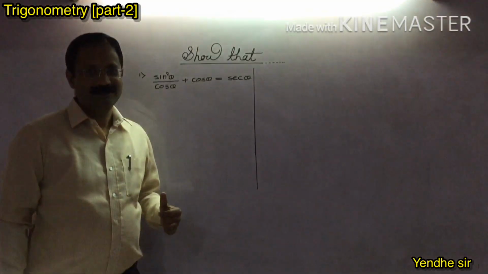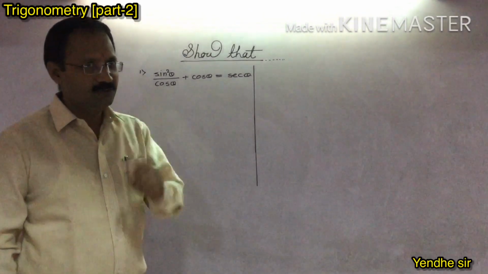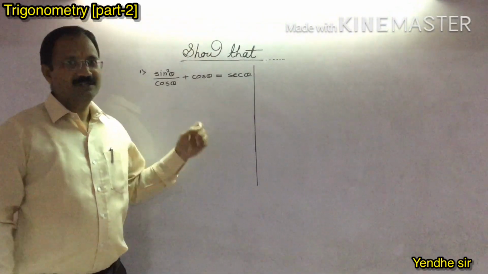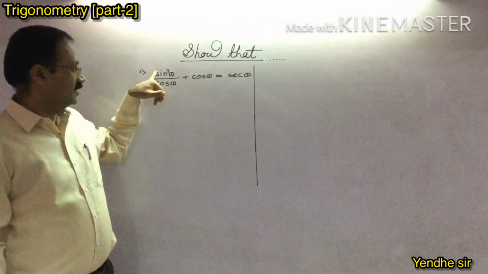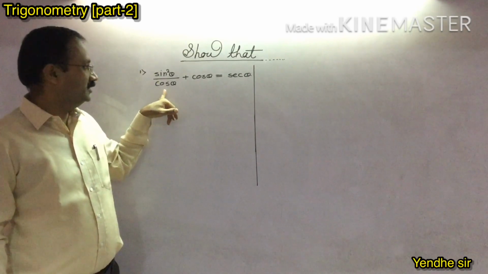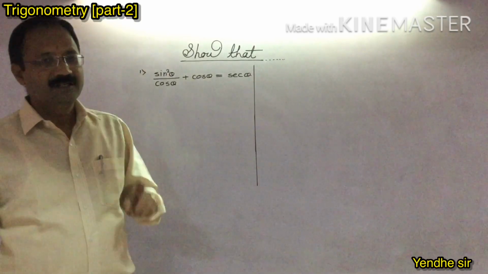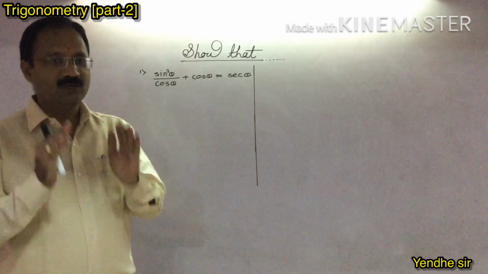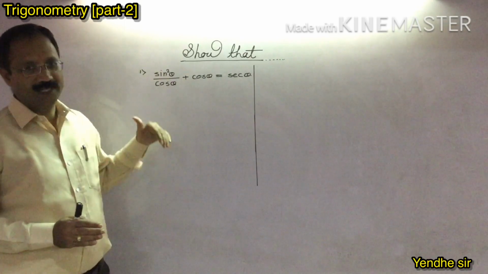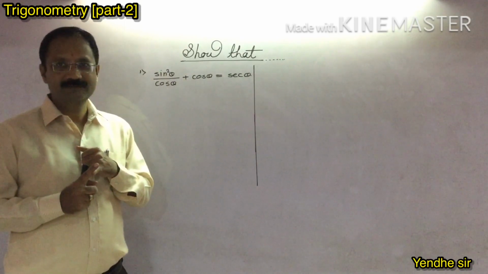Let's start with the sums. Sum number 1: sin square theta upon cos theta plus cos theta equals sec theta. I told you the rules on how to show that. Which is the first rule?